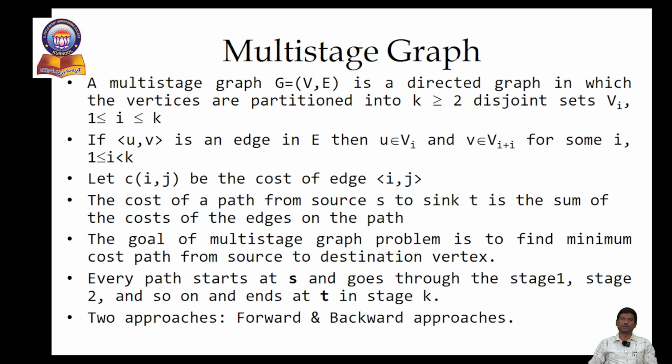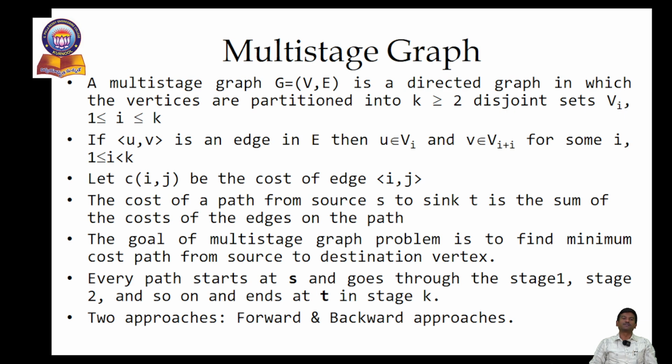using dynamic programming. And if you recall the concept of dynamic programming, it is similar to divide and conquer. Of course, in the case of divide and conquer, the concept is implemented in such a way that the sub-problems are treated independently.